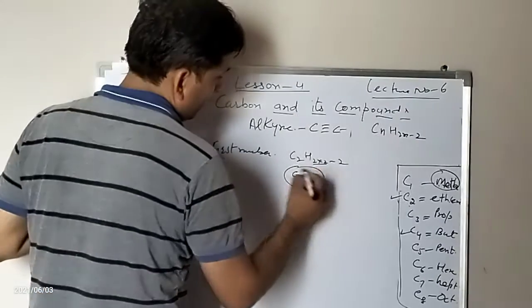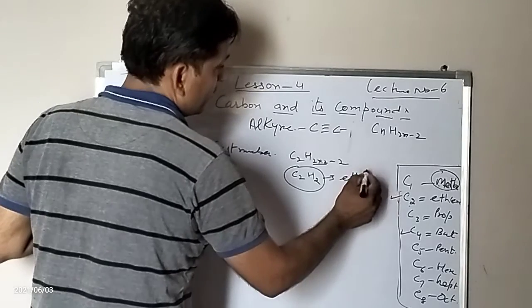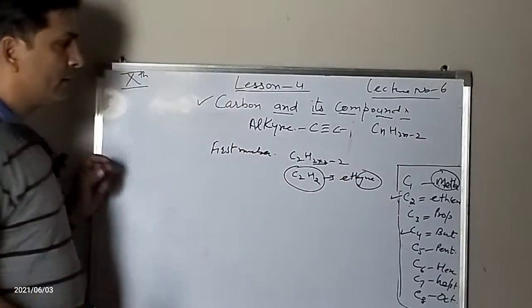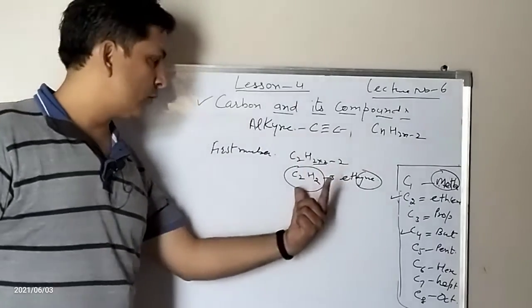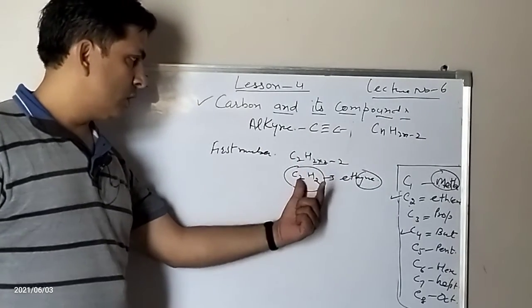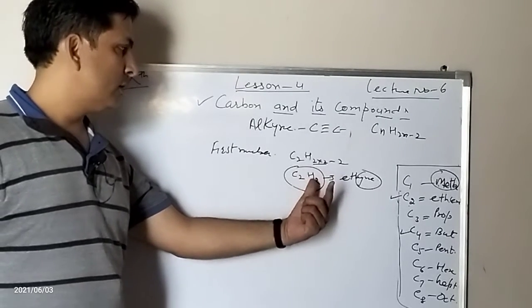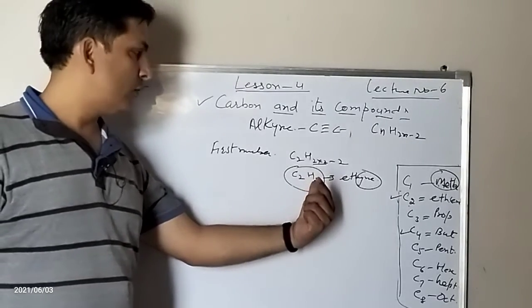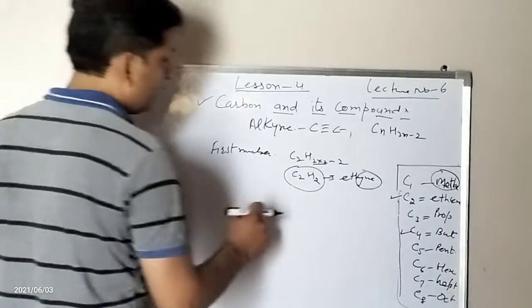This is the formula for ethyne. Triple bond means the suffix yne. The number of hydrogen atoms is 2 less than twice the number of carbon atoms: 2 times 2 is 4, 4 minus 2 is equal to 2. Okay, this is the first member.